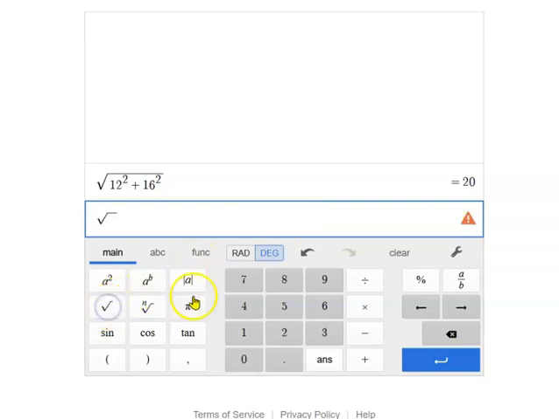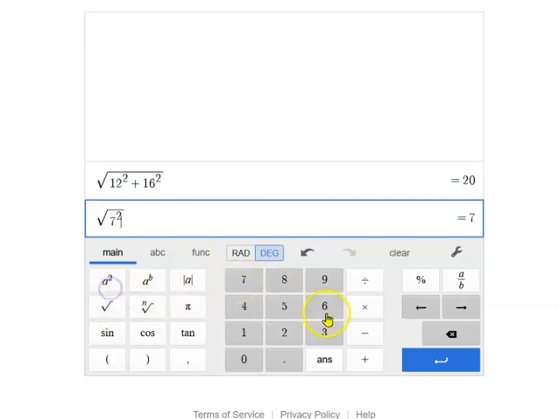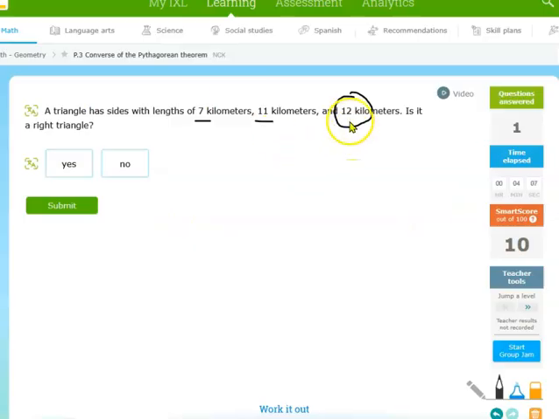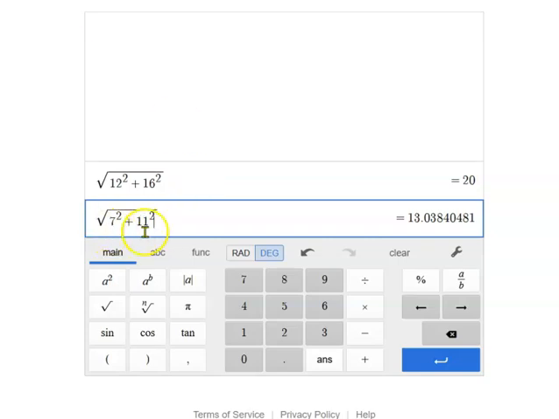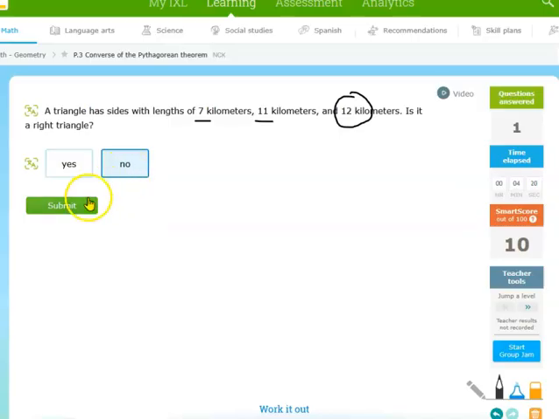Okay, so square root of 7 squared plus 11 squared. Ooh, and we don't get 12, we get 13.03. So this is not going to be a right triangle. We're going to say no. We put in 7 and 11 into our Pythagorean theorem, and we did not end up with 12 as an answer. So we say no, it's not a right triangle.